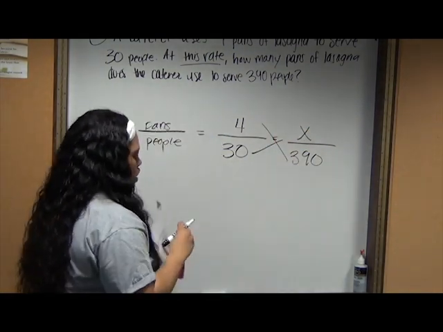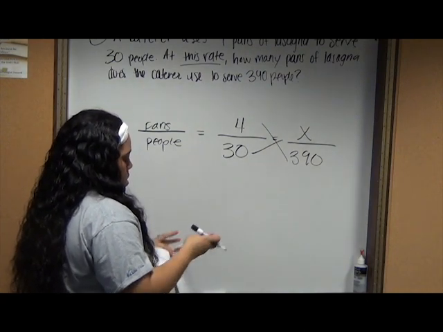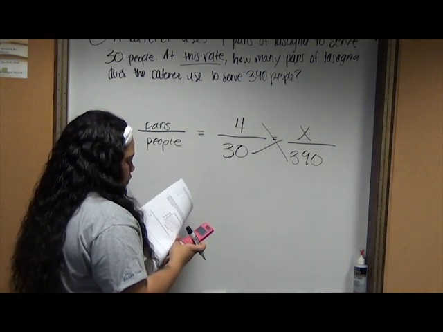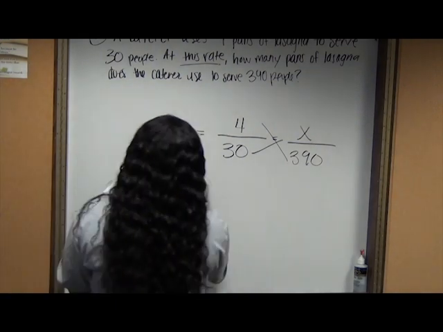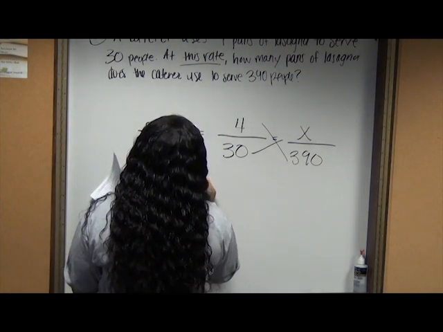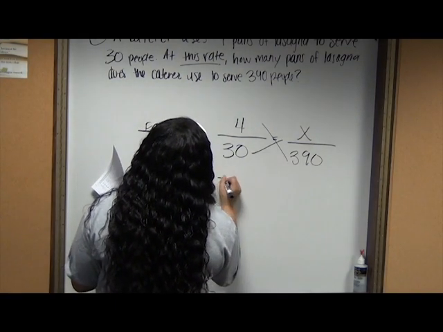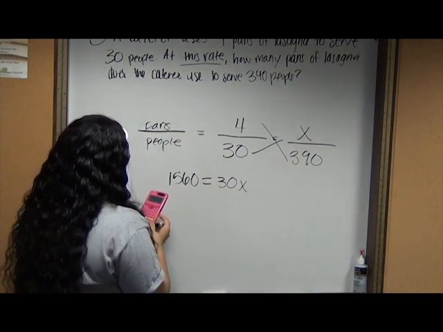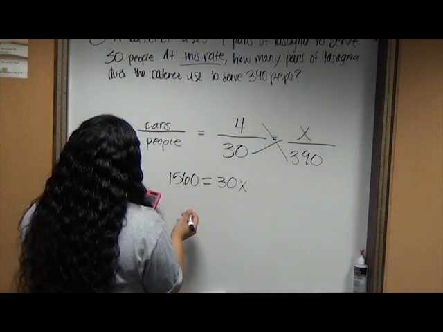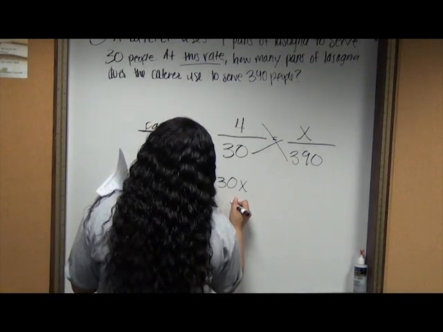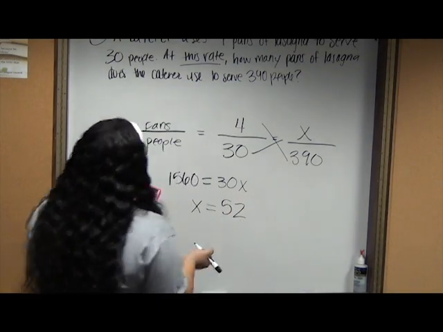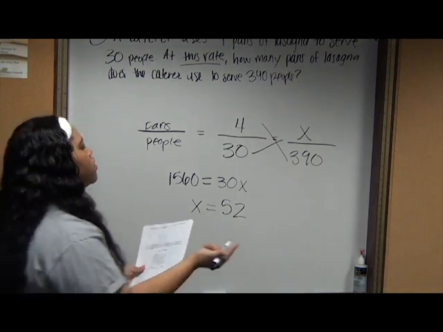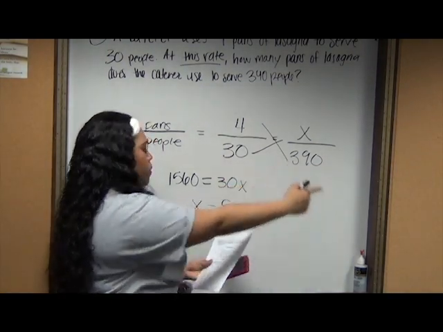So it'll be 390 times 4, which is 1,560, equals 30x. Do this number divided by that, and you get x equals 52. So she will need 52 pans to feed 390 people, which is choice B.